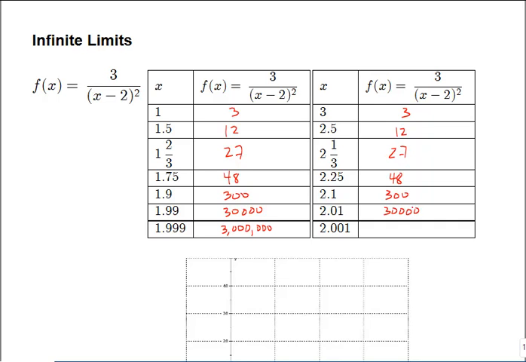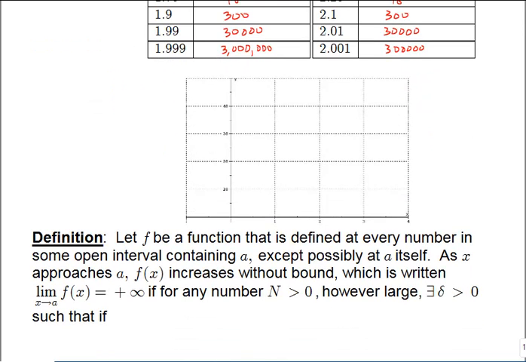So if we take a look at our graph, let's see what this translates into in terms of our graph. When x was 1, y was 3, so something pretty small. When x was 1.5, we were up to 12. When x was 1 2/3, we were all the way up here at 27.